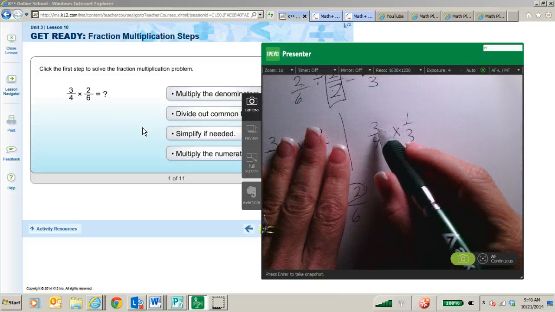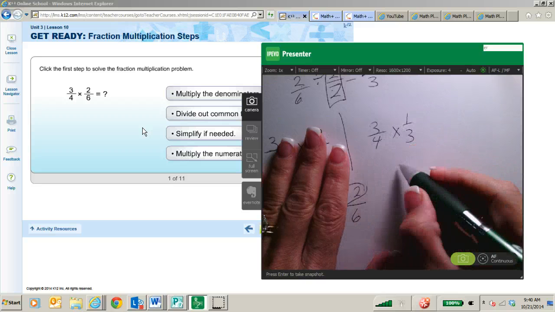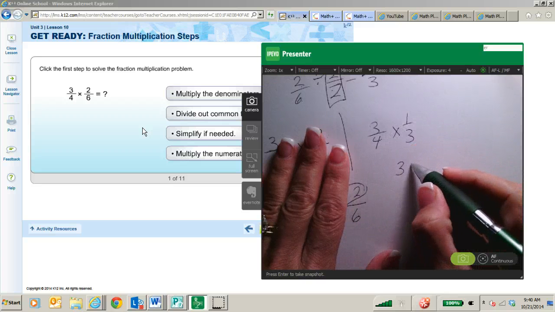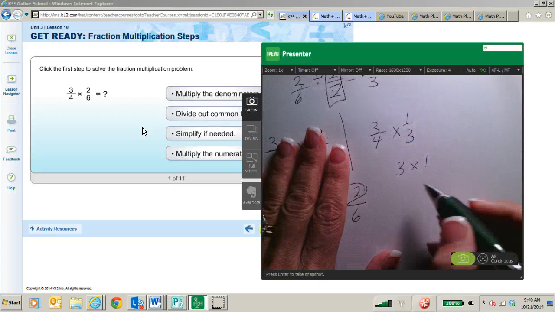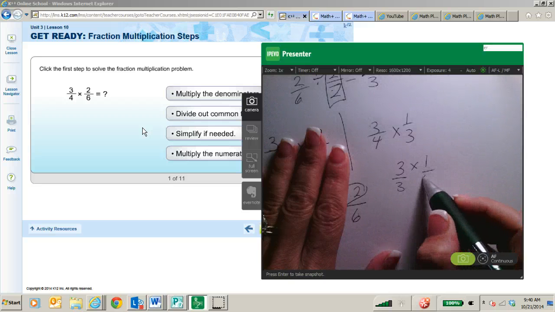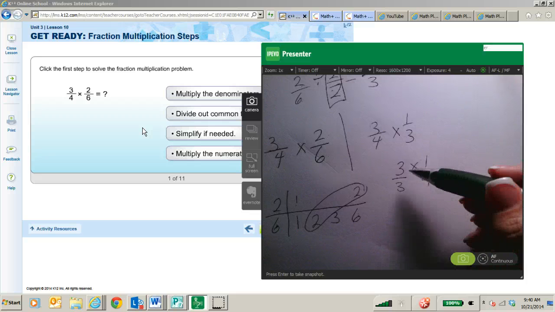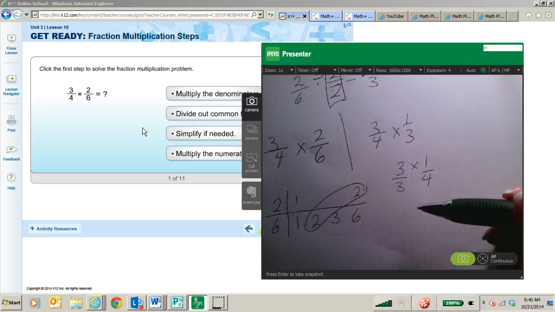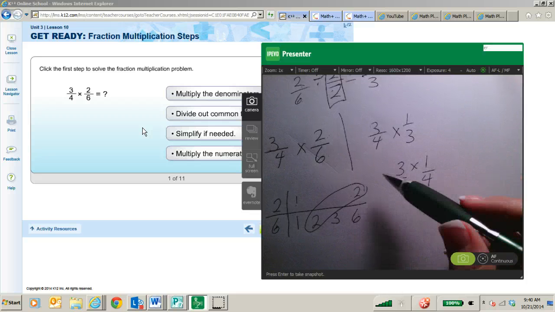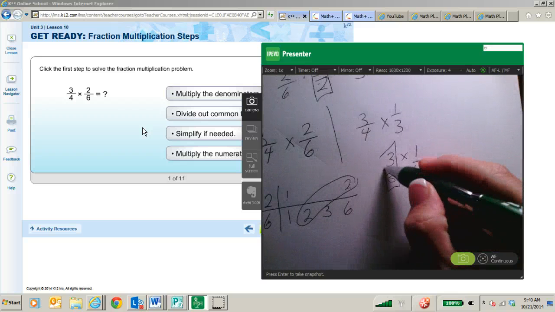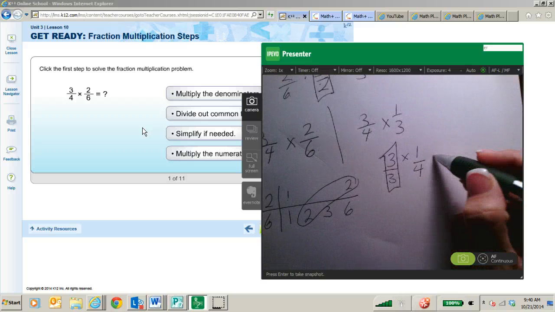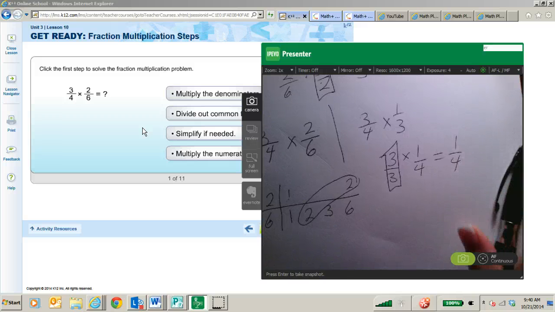When we multiply numbers, we can multiply and divide in any order. So I can keep my numerators the same, but I could switch the order of my denominators. And look what happens. We now have 3 over 3, which is the same as 1 whole. So when we multiply 1/4 times 1, we get 1/4.